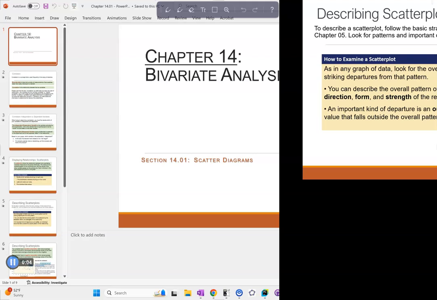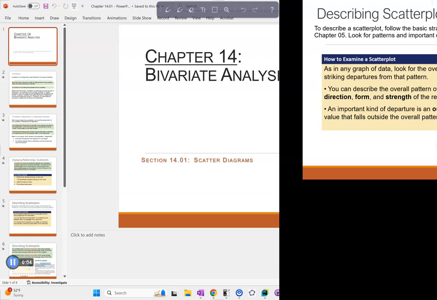You have two directions: positive or negative. If the direction is positive, as you read the data from left to right, the data would be trending upward. If the direction is negative, as you read the data from left to right, the data is trending downward. We say negative and positive because it's like a slope, right?